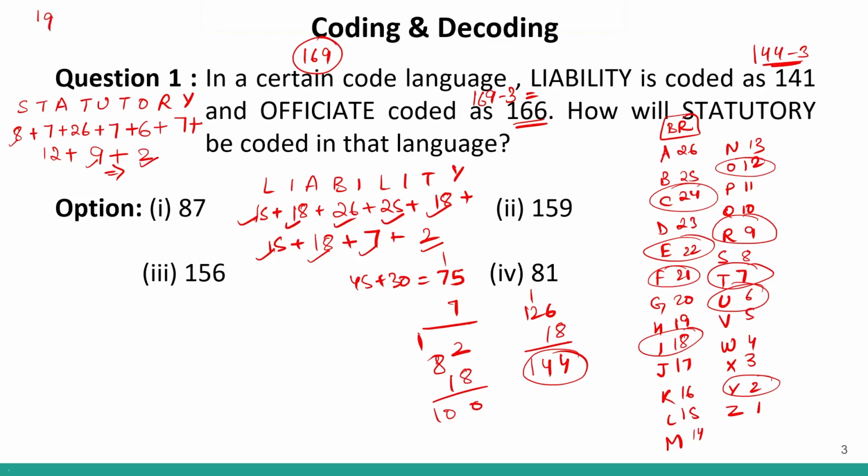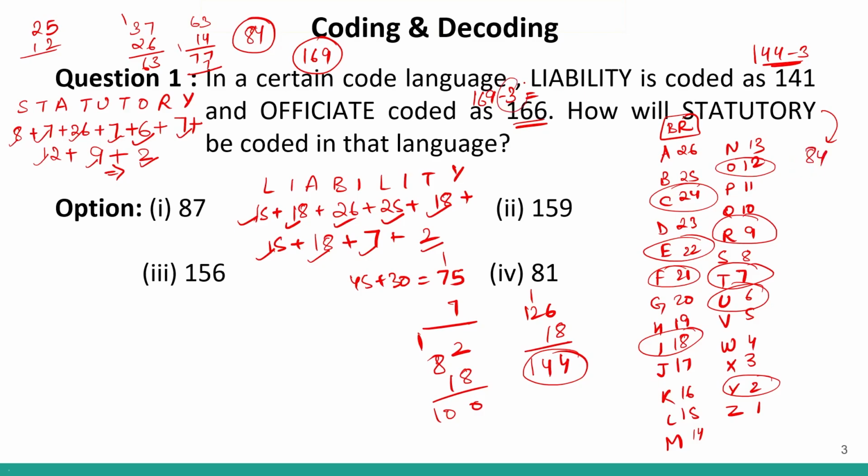Correct? 19 plus 6 will give me how much? 25. 25 plus 12 if I do, I'll get 37. 37 plus 26 will be 63. 63 plus 14 will be 77. And 77 plus 7 will be 84. So the sum of the backward ranks for statutory is 84.